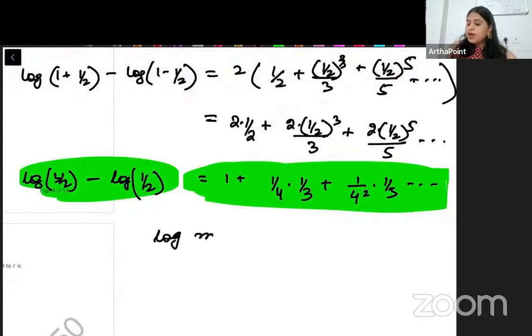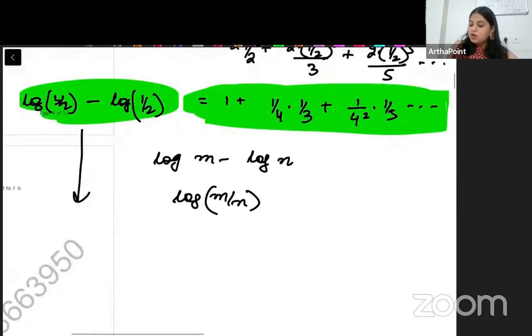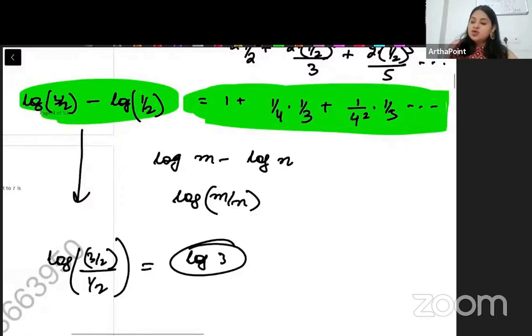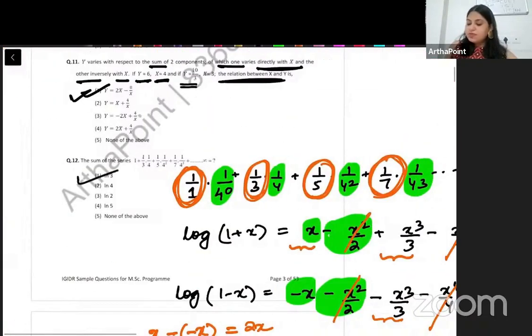What is log m minus log n? It is log m by n. So this part I can rewrite as log of 3 by 2 divided by 1 by 2, which is log 3. So the answer to this question will be log 3.